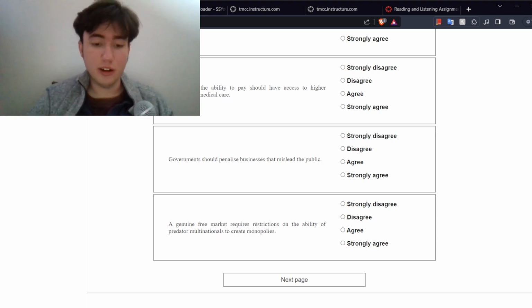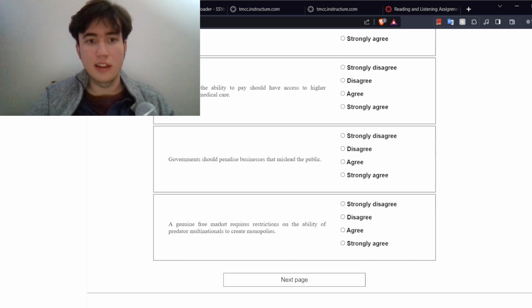And I've heard of countries like Switzerland where they have private health care and also very good health care, unlike the United States. But this is a question of morals, I guess. Those with the ability to pay should have access to higher standards of medical care, like it's a right.